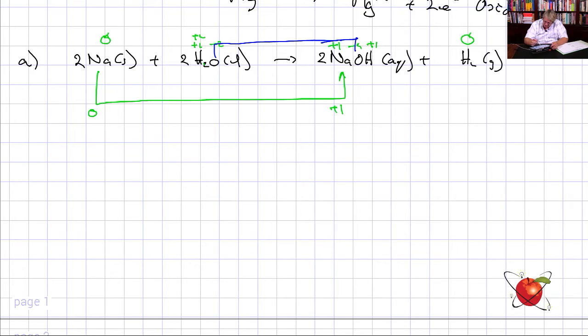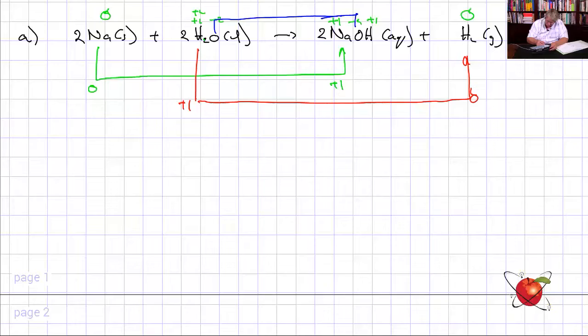But what happened to the hydrogen? The hydrogen over here went from +1 to 0. So there we've got a gain and a loss: a gain of electrons here and a loss of electrons above it.